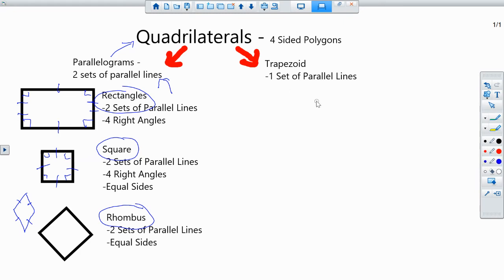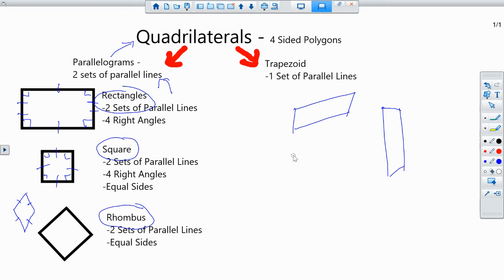So I can draw two parallel lines, and I know this is a quadrilateral, so it has to have four sides. As long as I make four sides, it's a trapezoid. I make my one set of parallel lines and connect the other ones, and I have a trapezoid.